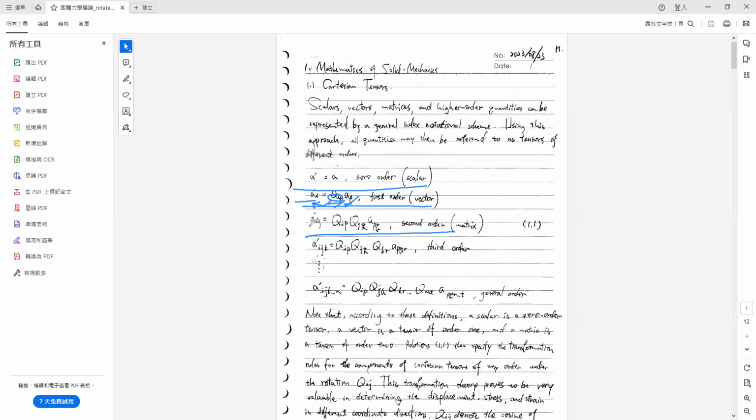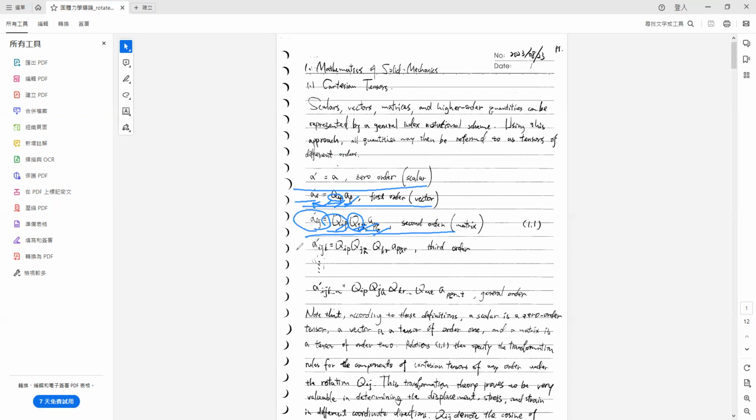However, when we're talking about A_ij' equals Q_ip dot Q_jq dot A_pq, it means the p and q will be eliminated by the p and q in the Q tensor. The Q tensor might be a transformation matrix in stress or strain analysis.